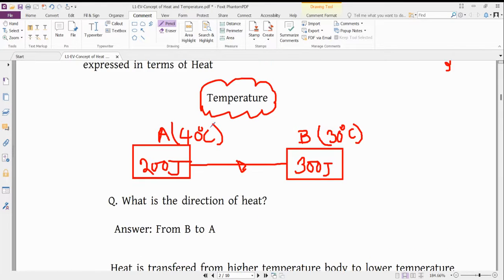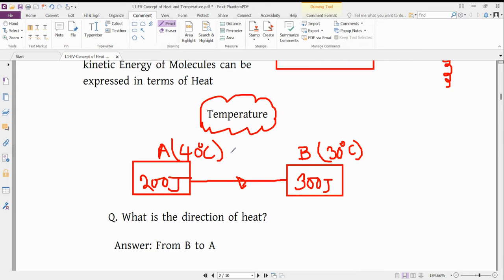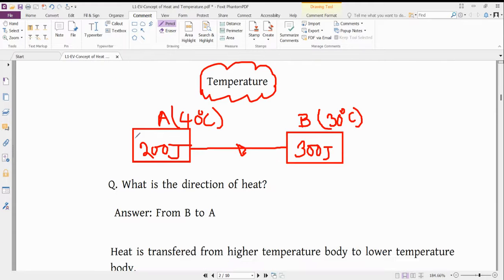In this situation, a critical question you may ask me is: why is the temperature 40 degrees Celsius? Because body A gains 200 joules of heat energy, whereas body B gains 300 joules.